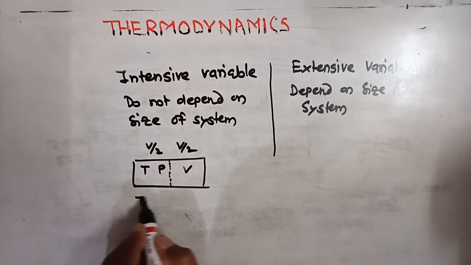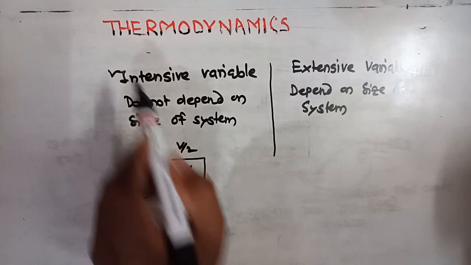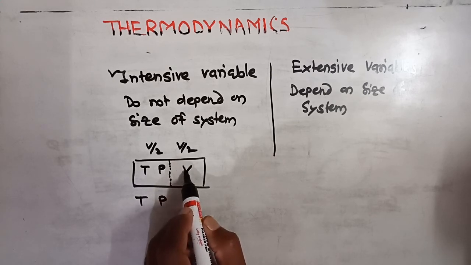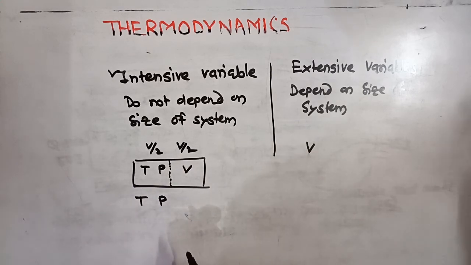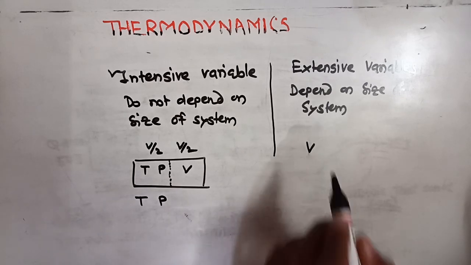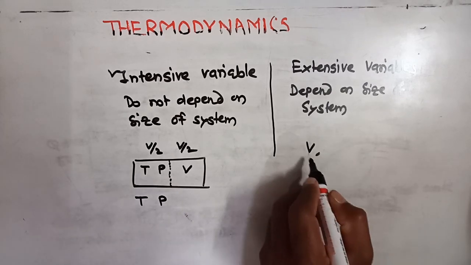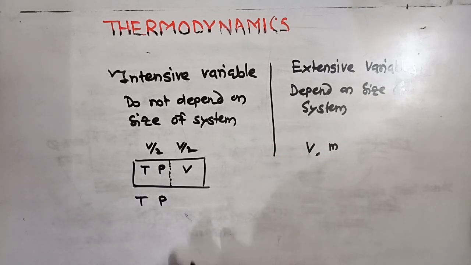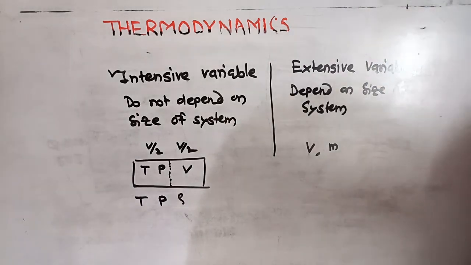So temperature and pressure are intensive variables. They do not depend on the size of the system, but volume depends on the size of the system, so it is an extensive variable. The volume and the mass are extensive variables, whereas temperature, pressure, and density are intensive variables. I think you got this. Thank you.